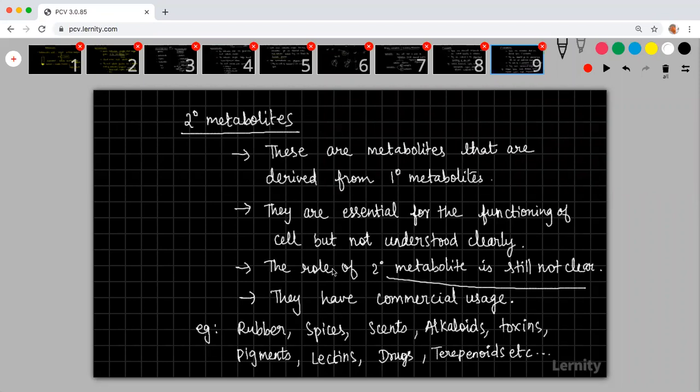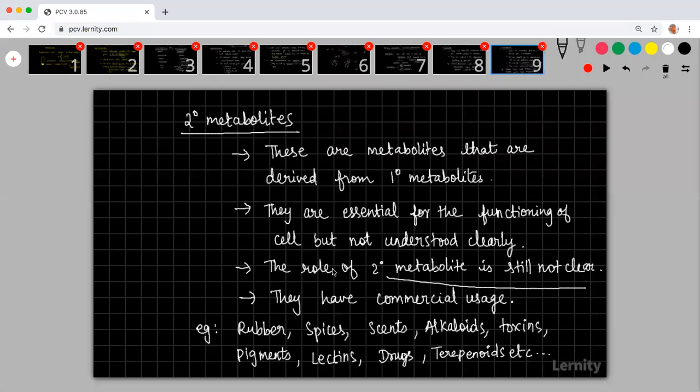Your plant has two types of chemicals. Not just plants, organisms consist of two types of substances. One group of substances is directly involved in metabolism. Those are called primary metabolites. Directly involved in metabolism means they are involved directly in the nutrition of the plants and building up of the plants.